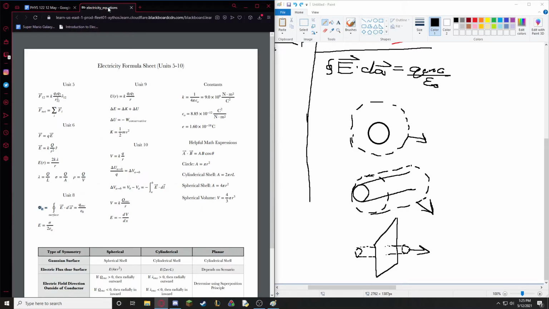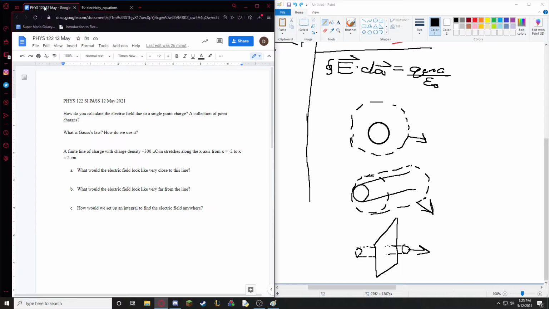Yeah, right under the flux equation. That's how we can find the electric field. That's what you actually get when you use Gauss's law, not what we use Gauss's law for. So once we've already used Gauss's law, we can derive this for an infinite plane. But how do we actually go through that process?